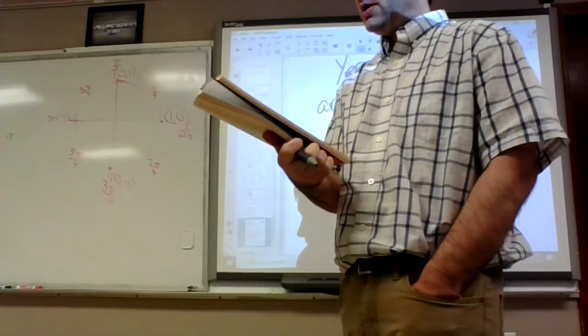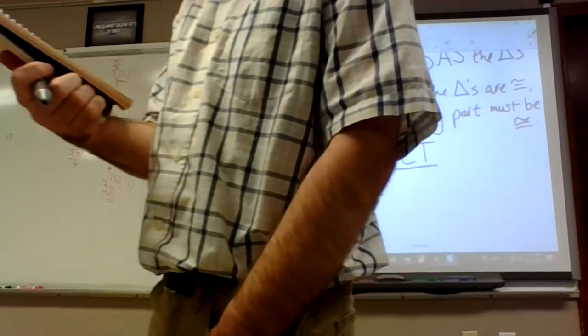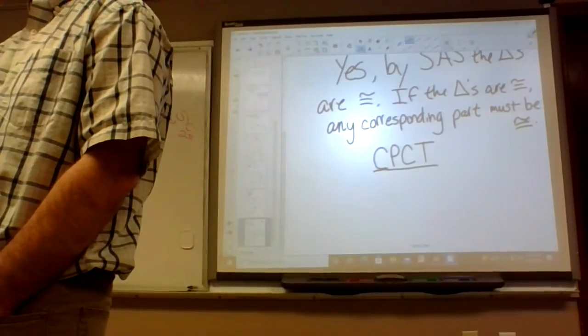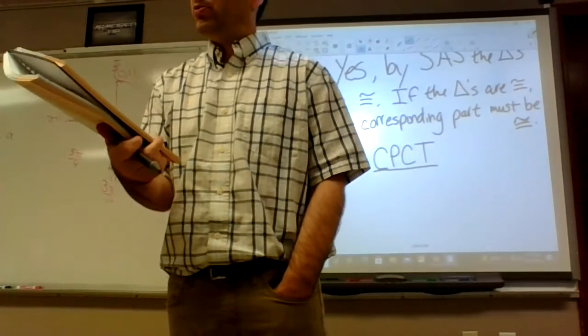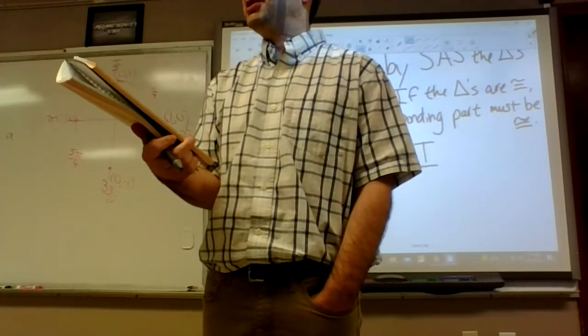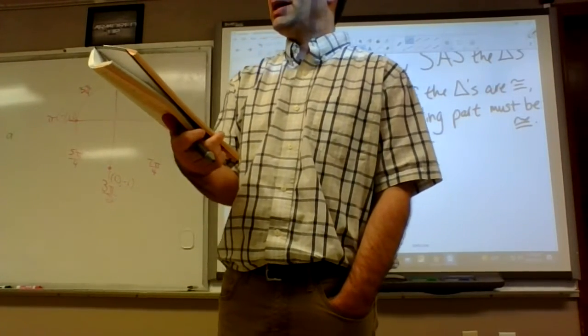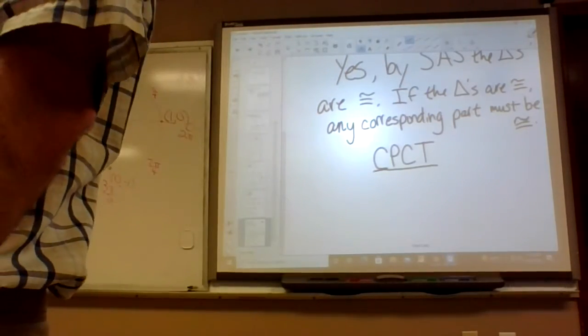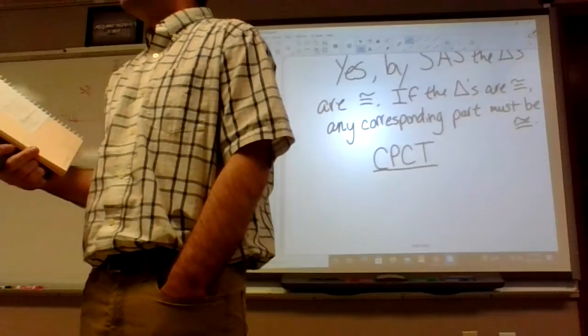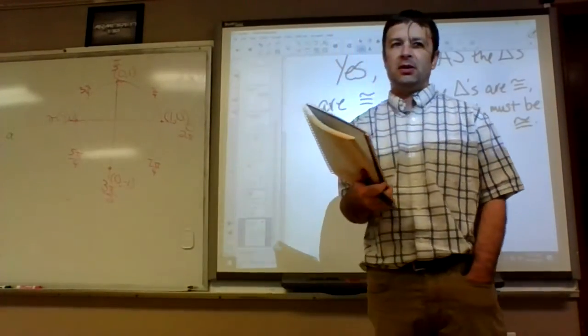The parallel lines. One of the things that is given to us in the picture is that line AB is parallel to line ED. You guys remember the parallel symbol, right? It looks kind of like an 11.